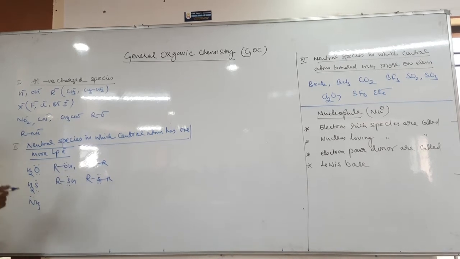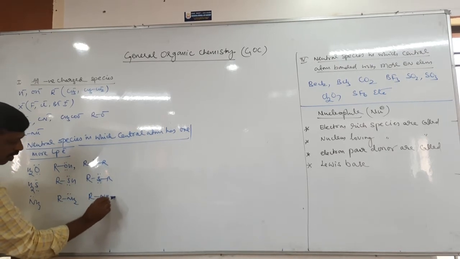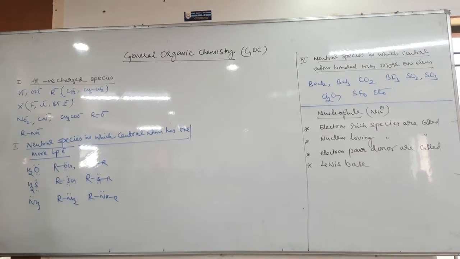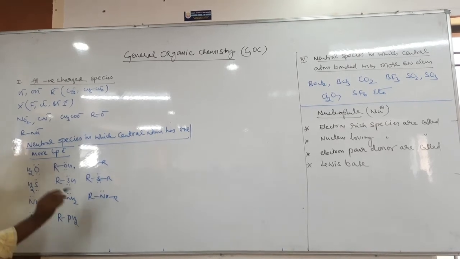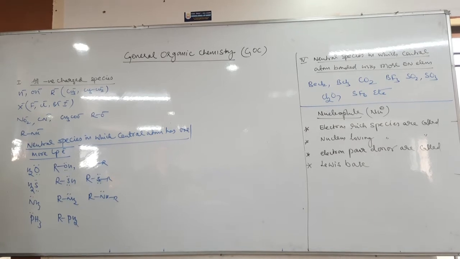Ammonia derivatives: primary amine, secondary amine, tertiary amine can also be taken. Okay, next even phosphine, similar to ammonia, there is one lone pair, and substituted phosphines are also examples of nucleophiles. Okay.